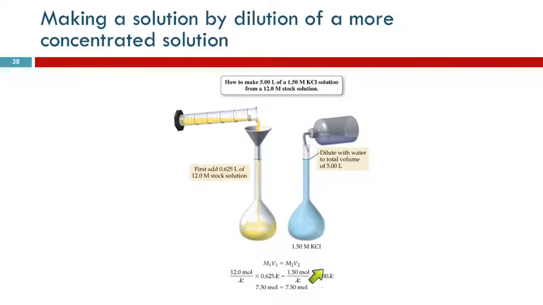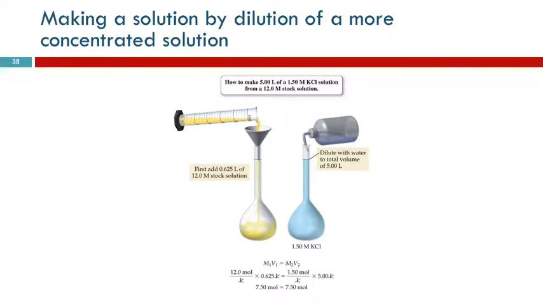So you do the calculations, and here it's illustrated. 12 moles per liter times 0.625 liters gives 7.50 moles. And the other concentration, 1.5 moles per liter times 5 liters, gives 7.50 moles. The number of moles of solute stays the same. We don't lose any KCl, we don't gain any KCl.